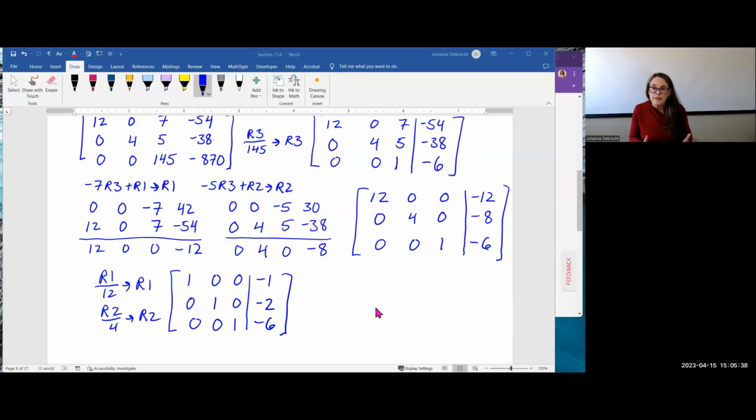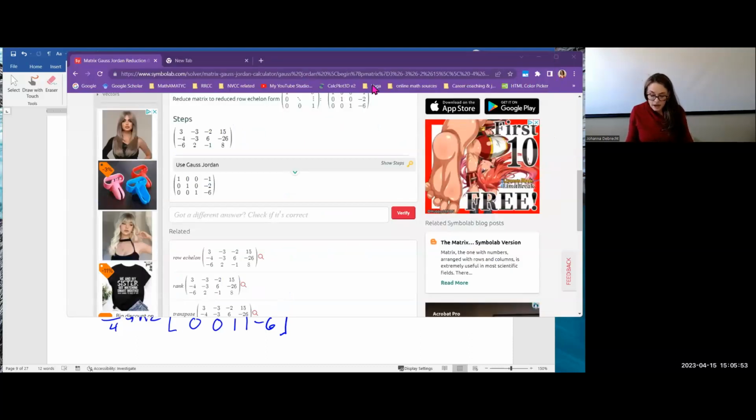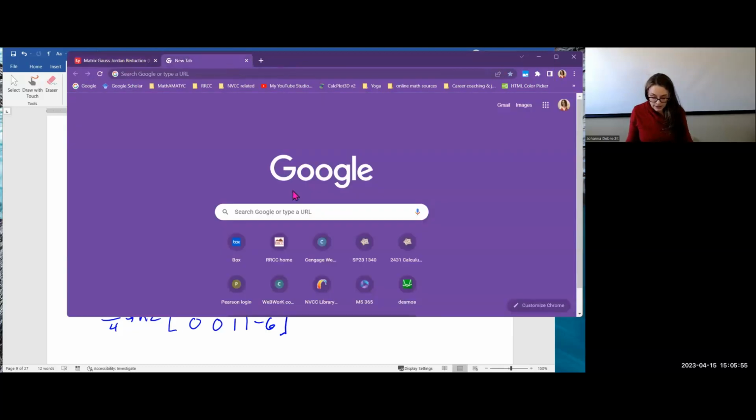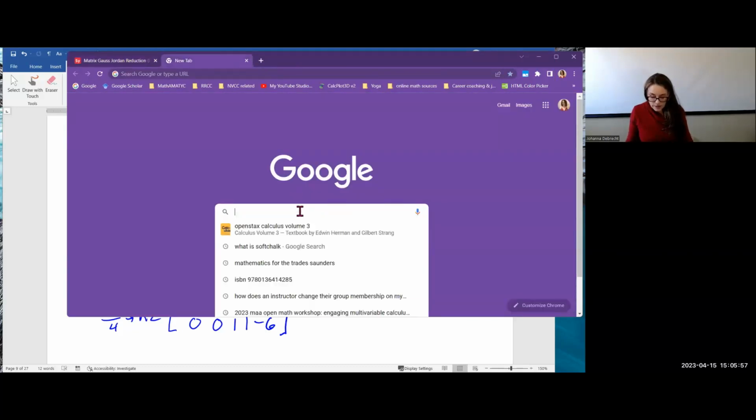You can use a graphing calculator, and there are multiple videos out there to show you how to do that. But we're kind of getting away from graphing calculators in a lot of ways. So I want to show you a more up-to-date method of doing that, and that's using what's known as an online calculator. So the one that I recommend for matrices is Symbolab.